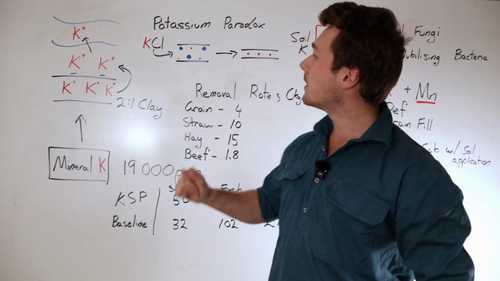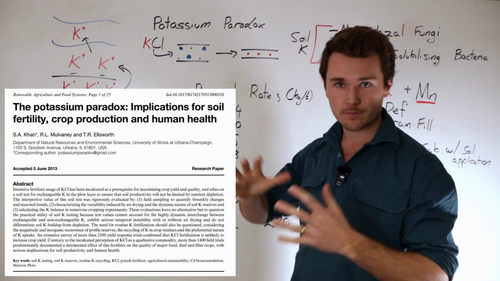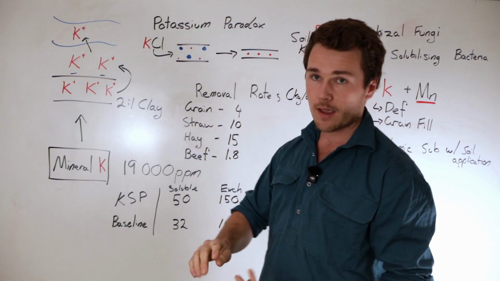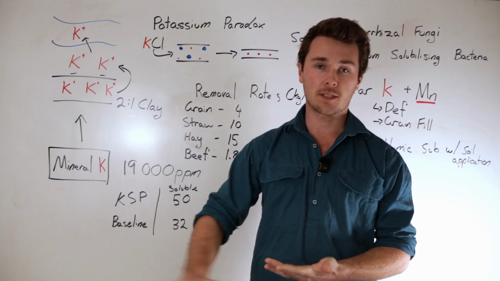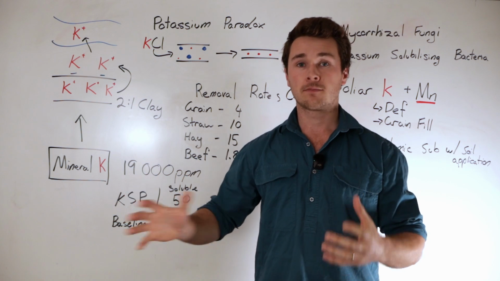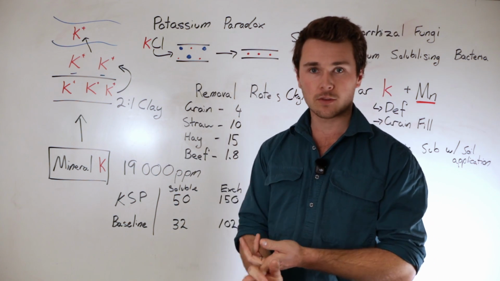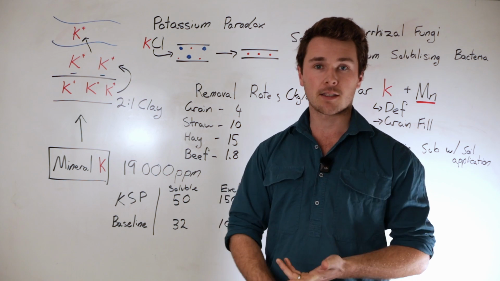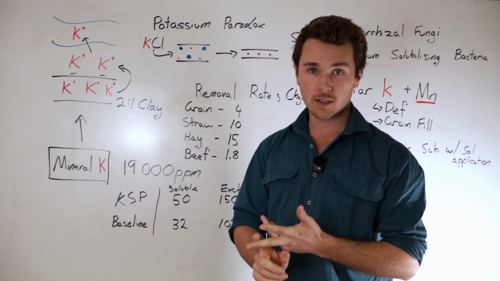So the first thing to understand is a research paper called the Potassium Paradox. And effectively what the researchers found was that potassium soil testing is super inconsistent and changes all the time. So really, they argue that the way we soil test potassium needs to change, and a lot of the times when you make a potassium application, it has no effect on yield.